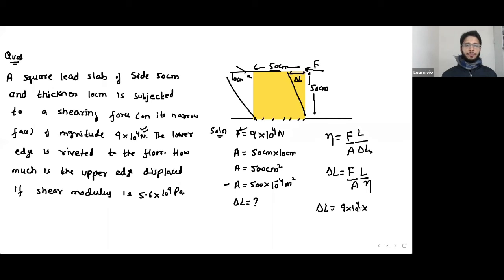The length is 50 centimeters, so that is 50 into 10 raised to the power minus 2. Divided by area, which is 500 into 10 raised to the power minus 4 into modulus of rigidity. Modulus of rigidity is this 5.6 into 10 raised to the power 9, I guess. Yes, 9. So this much meter is the displacement of the phase.